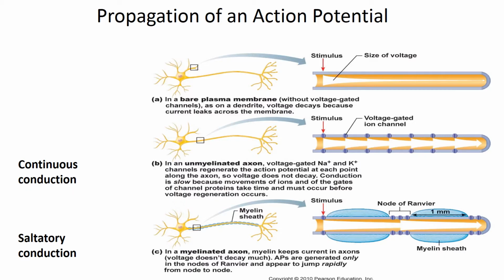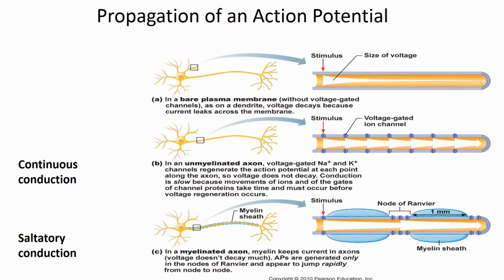Now, the propagation of the action potential can vary based on the level of myelination. Once generated, an action potential cannot be stopped, and that's referred to as the all or none principle. In a bare plasma membrane, the voltage would decay as it goes along the axon because there's current leak across the membrane.